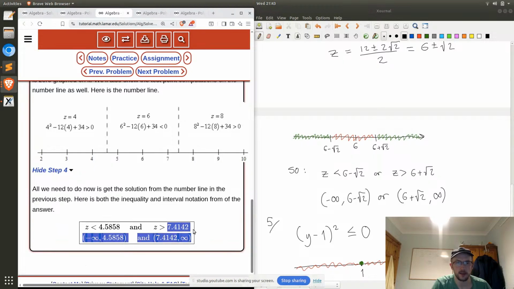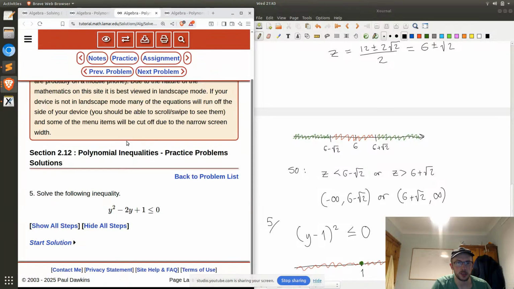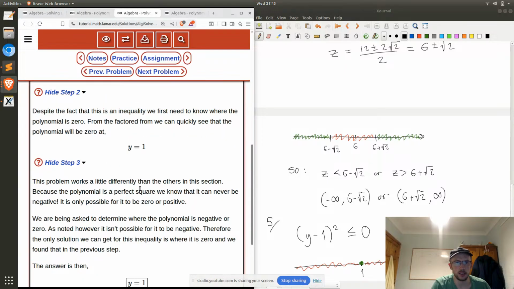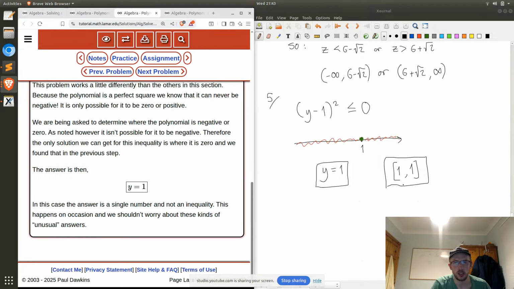That is 6 plus the square root of 2, and that is 6 minus the square root of 2. So that is valid. But problem 5 is what we're interested in. Look at that. Y is equal to 1. But there is no interval notation. I think people would be okay with this, but it's not standard. Maybe it's called a point interval. That would be logical.